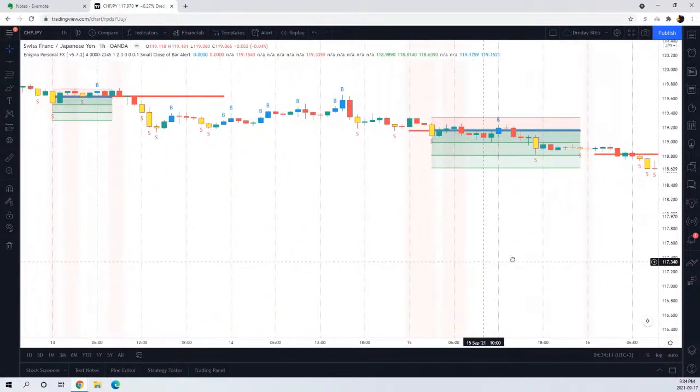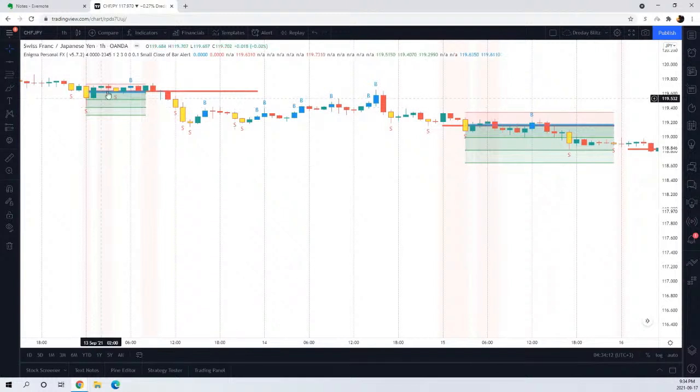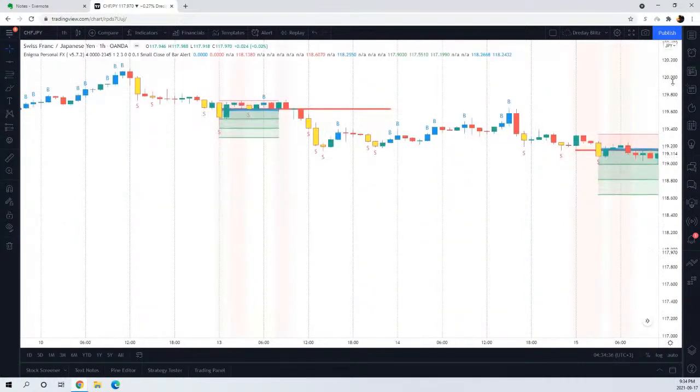Let's see on the 13th. 13th here. Here that entry hit your stop loss if you took it right there, but then it sold off. Okay, so that's why I said you could re-enter the trade even though it's giving you an entry, and let's say it stopped you out.